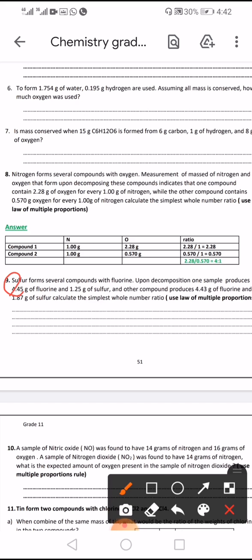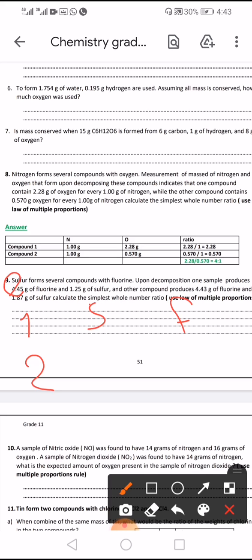Question number 9. Sulfur forms several compounds with fluorine. Upon decomposing, one sample produces 4.45 gram of fluorine. So we have two compounds, compound 1 and compound 2. Compound 1 contains sulfur and fluorine, and also compound 2 has sulfur and fluorine.